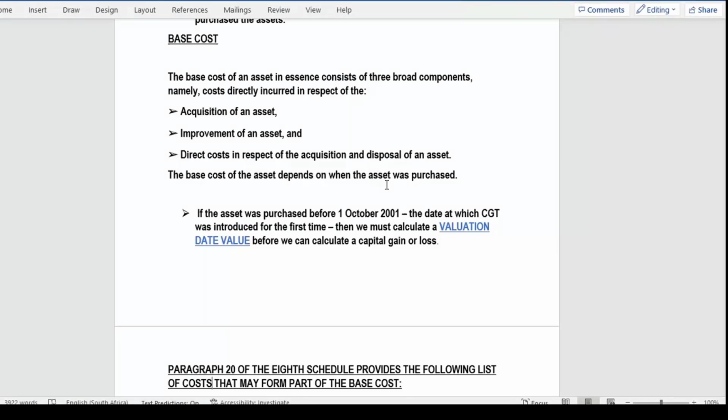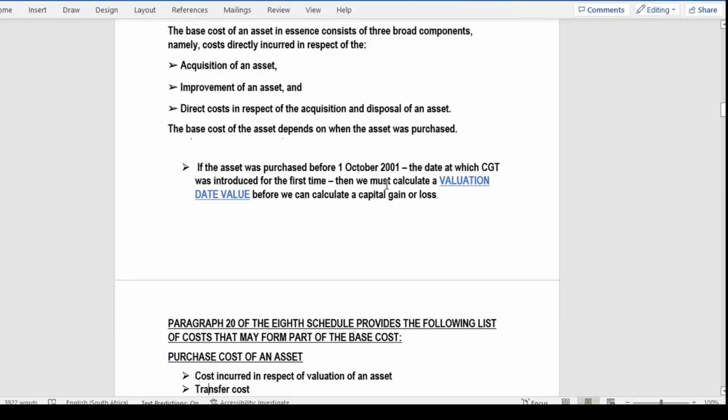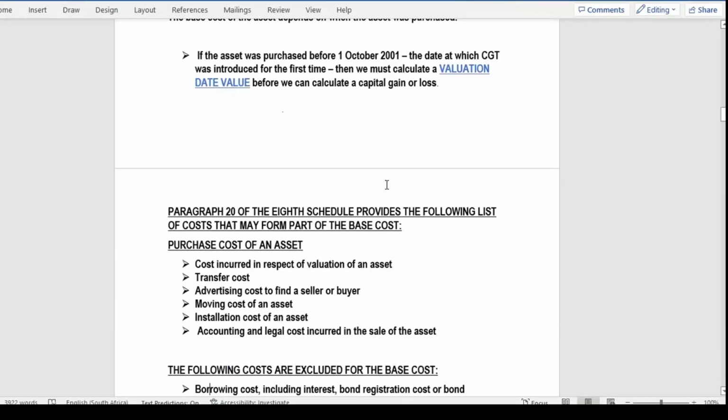The base cost of an asset depends on when the asset was purchased. That's a very important point that everybody must know. If the asset was purchased before the 1st of October 2001, the date at which CGT was introduced for the first time, then we must calculate what's called the valuation date value before we can calculate capital gain.